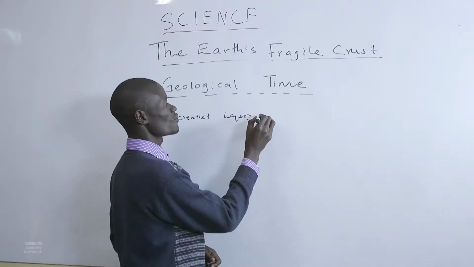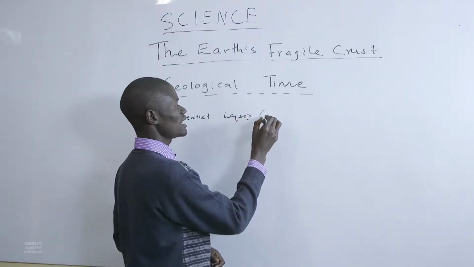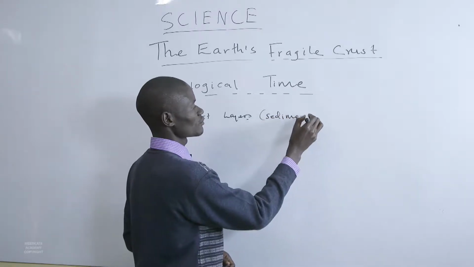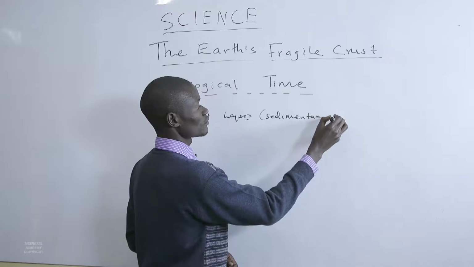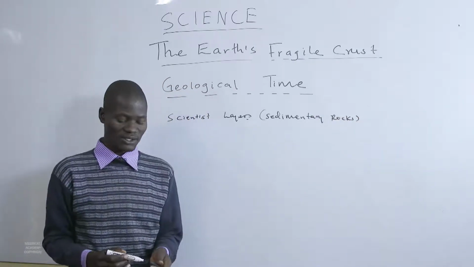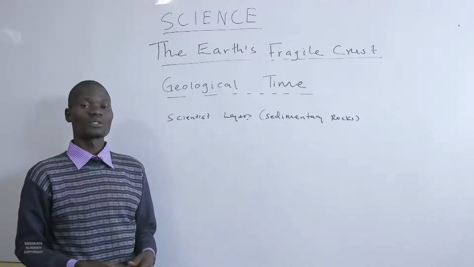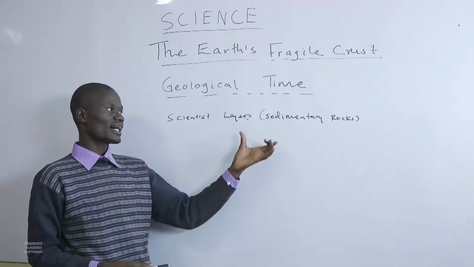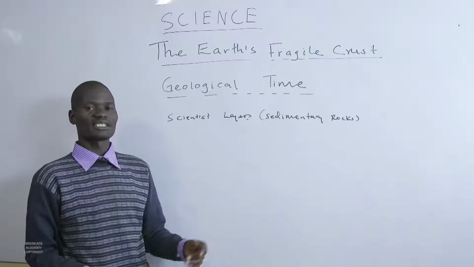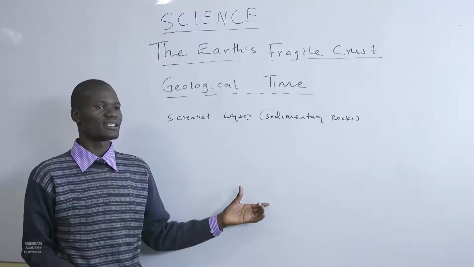An example of the layers of rocks is especially the sedimentary rocks. When we look at the sedimentary rocks, most of these rocks are laid down in strata. Therefore, in the process, they are stratified and lithified.